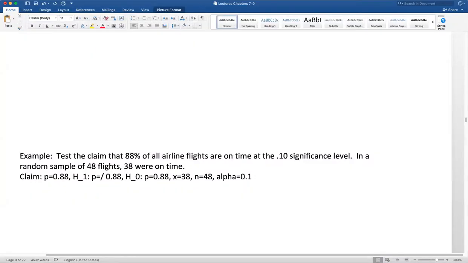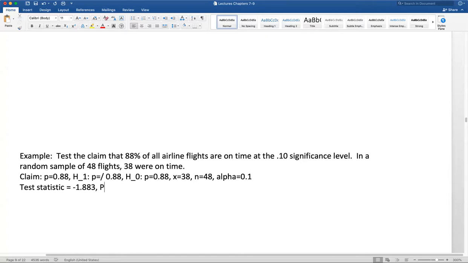So for the conclusion, the test statistic is negative 1.883.